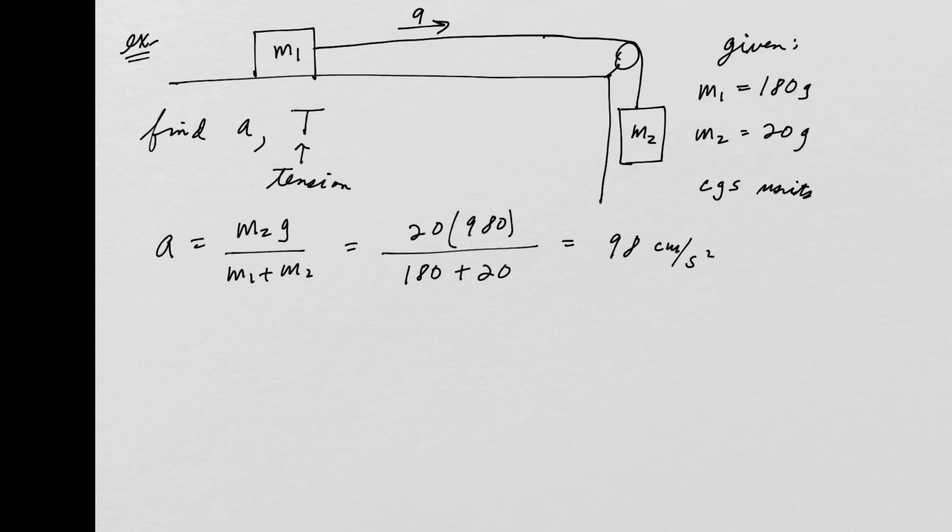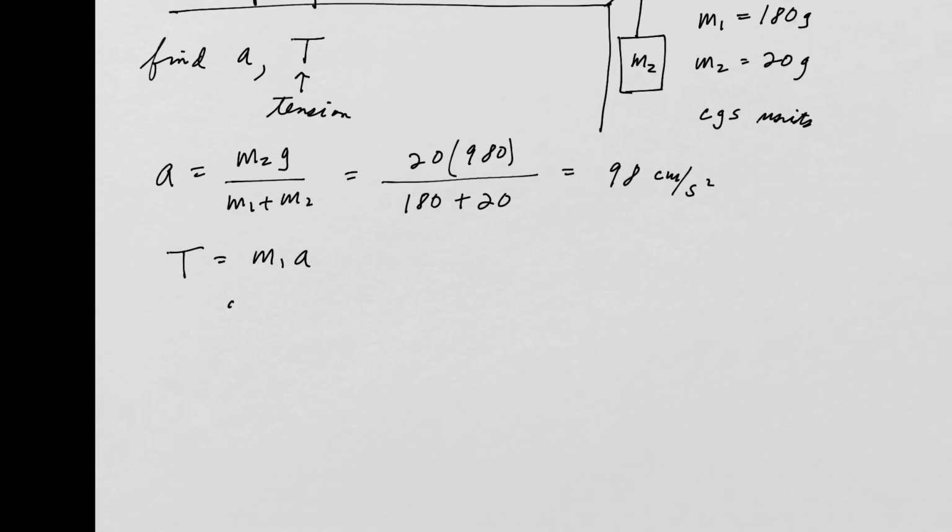And then to find the tension, there are actually two ways you could do it. You could use the mass of the cart, and that formula would just be m1 times a. Or we could use the suspended mass, and that formula was m2 times g minus a. Either way will work. So in this case, we could say it's 180 times 98, which gives us 17,640.